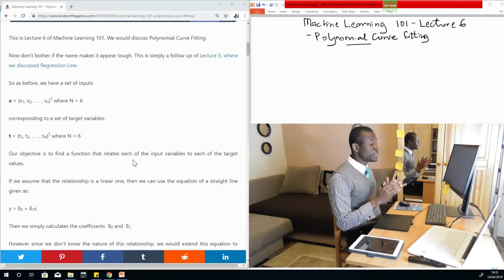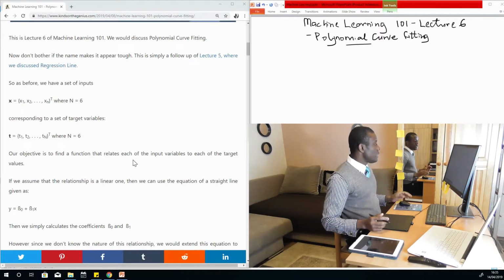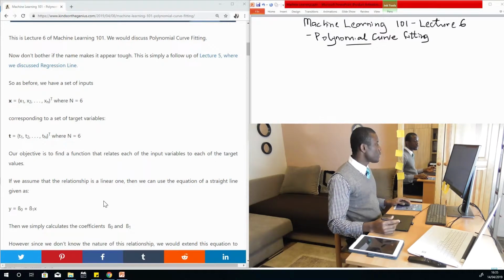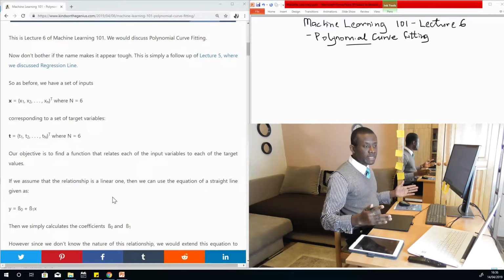We are still under supervised learning and still under regression. In regression, the target data set is continuous, it's not discrete. So you can have 1.1, 1.2, or a wide range of data that is unlimited.